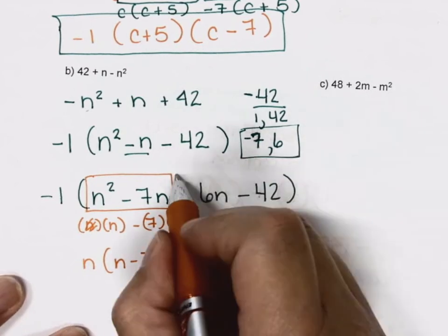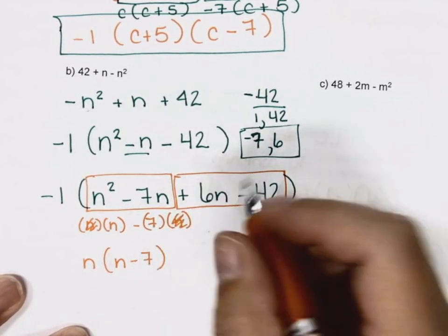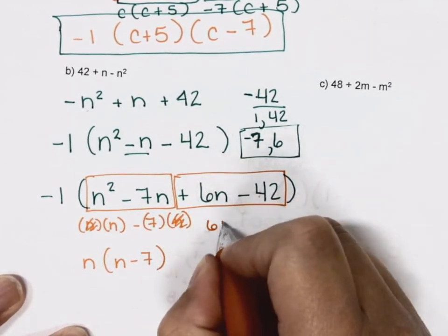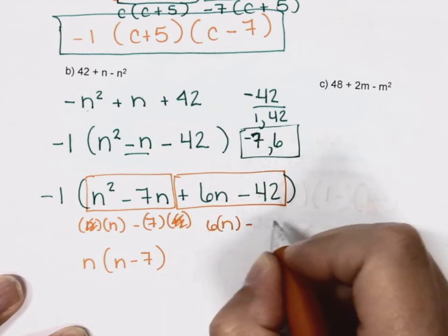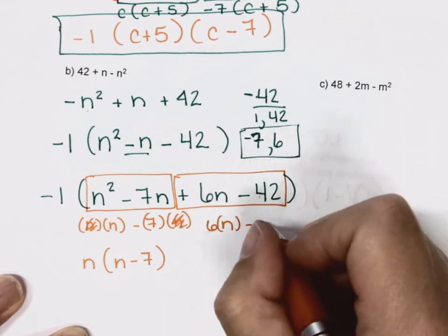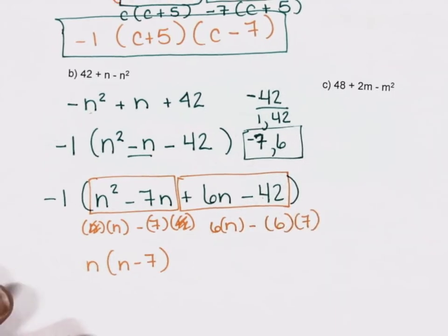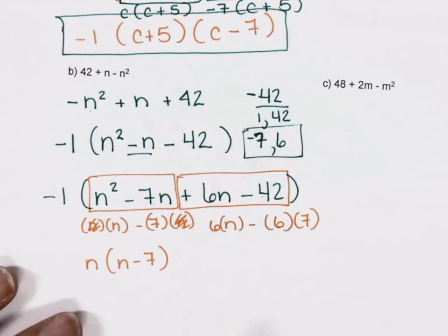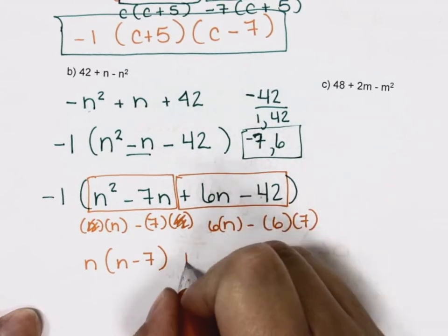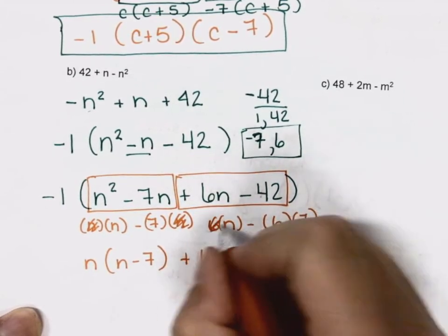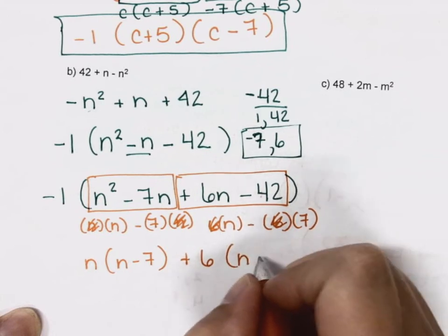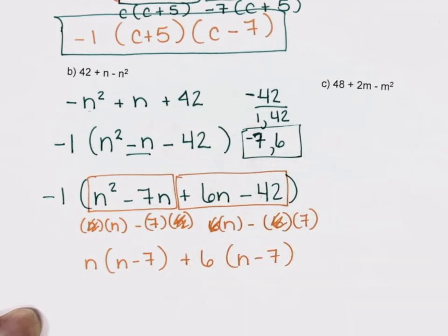Now I'm going to pop over to these 2 terms. And we've got 6 times n minus 6 times 7. Nice, easy common factor. So what kind of 6 am I pulling out? Is it a positive or negative? Positive. So it's going to be add 6. So that's gone, and I'm left with n minus 7.